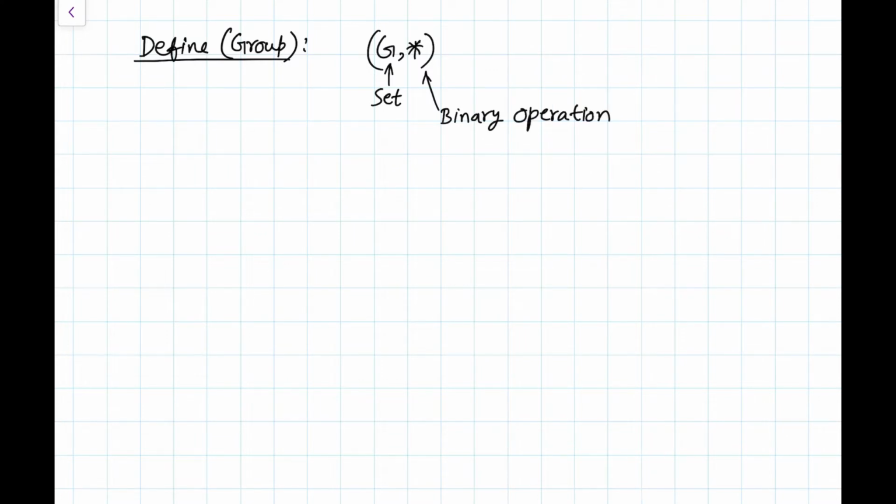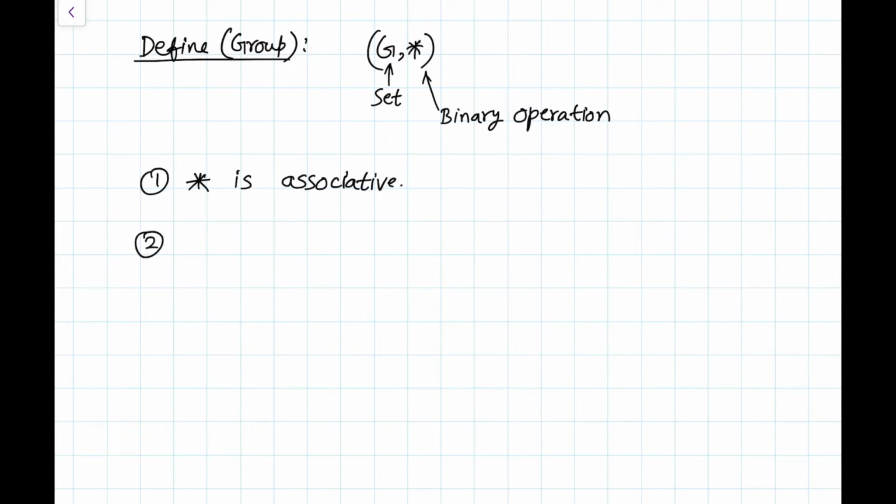This ordered pair is said to be a group if it satisfies the following three axioms. Axiom number 1, the binary operation star is associative.